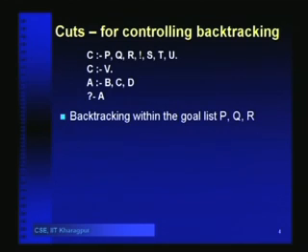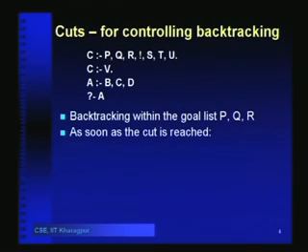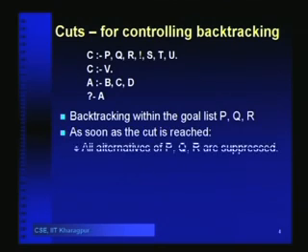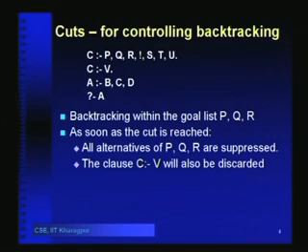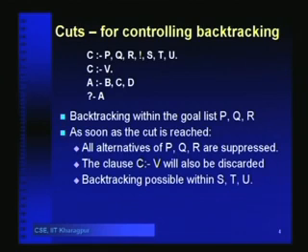So, we can backtrack within the goal list P, Q, R, no problem. We can try out different instantiations, different ways of solving P, Q, R. As soon as the cut is reached, all alternatives of P, Q and R are suppressed. The clause C to V will also be discarded. Okay. Backtracking is possible within S, T and U, but not across the cut.